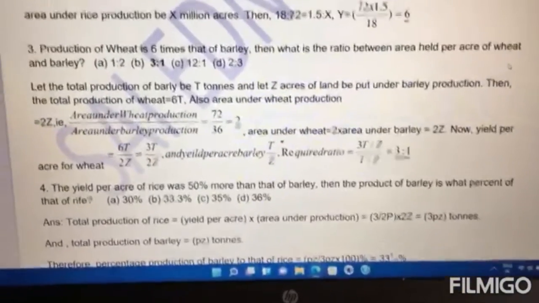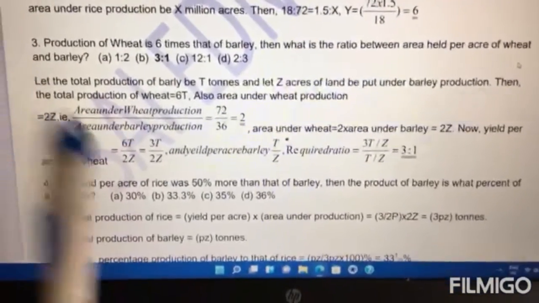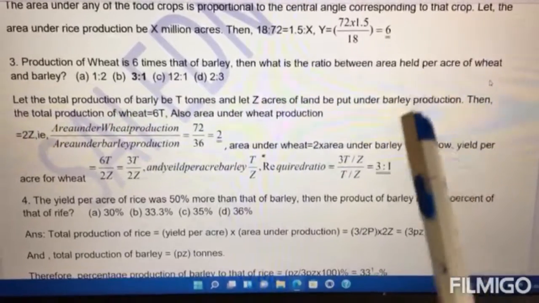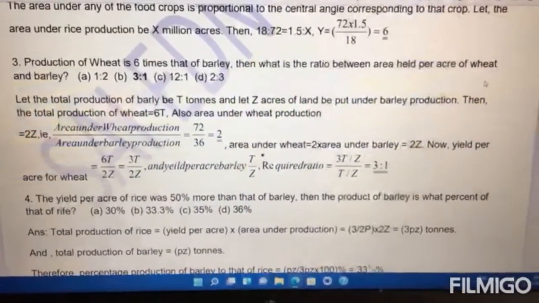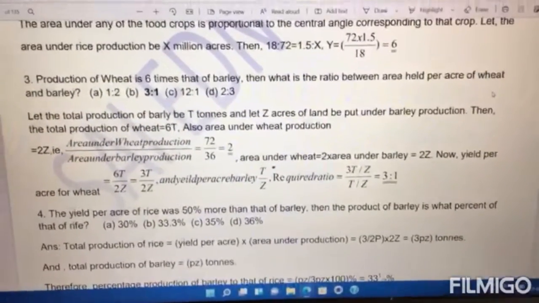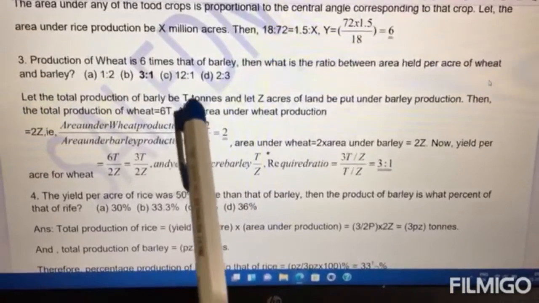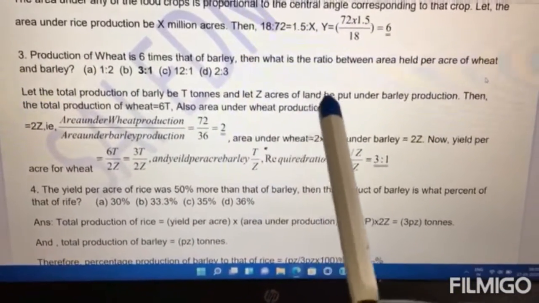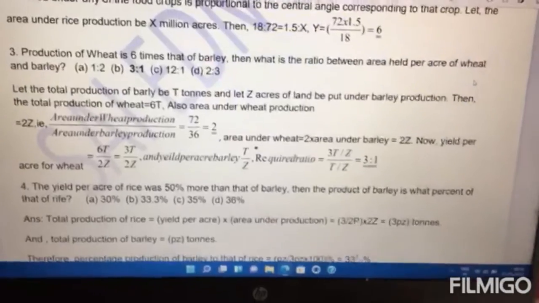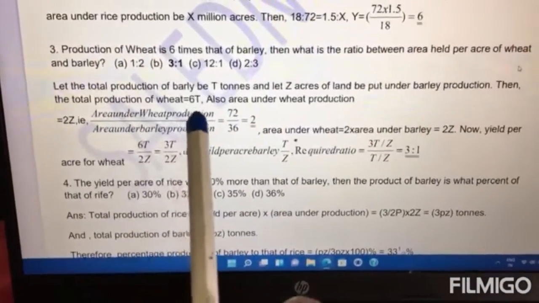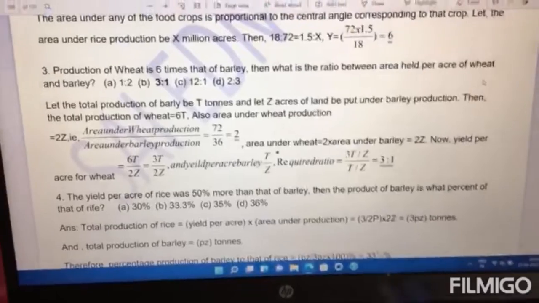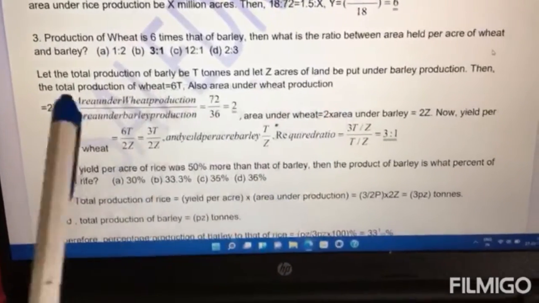Question number 3. Production of wheat is 6 times that of barley. Then what is the ratio between area held per acre of wheat and barley? Let the production of barley be T tons, and let Z acres of land be under barley production. Therefore, the total production of wheat is 6 times T, which is 6T. Now, the area under wheat production is 2Z, they are saying.